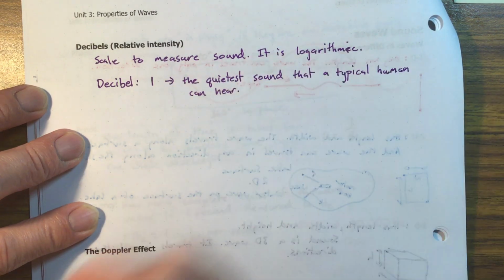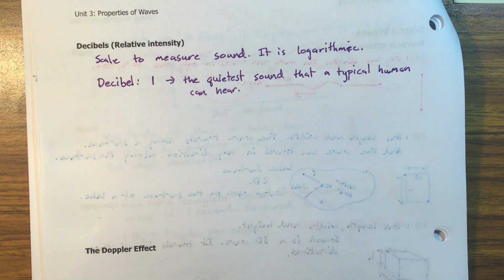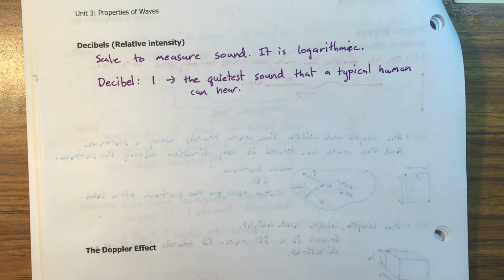So think about a pin drop. That's about a decibel 1. A pin drop a little ways away from you, just so you can just hear it. That's about a decibel 1.